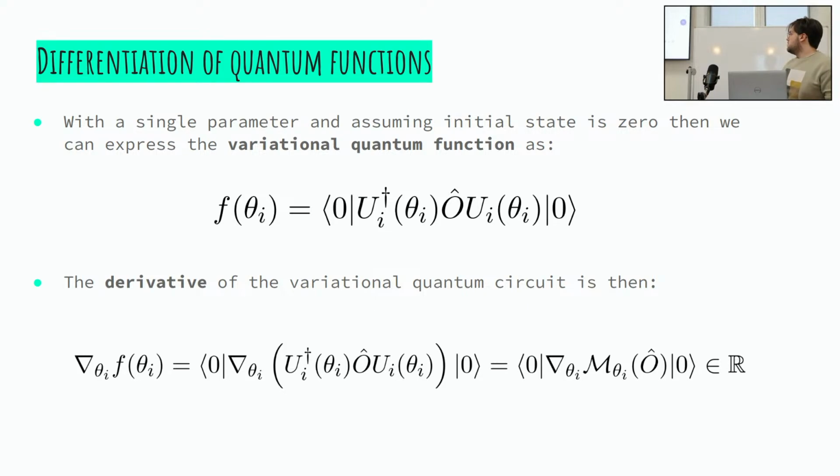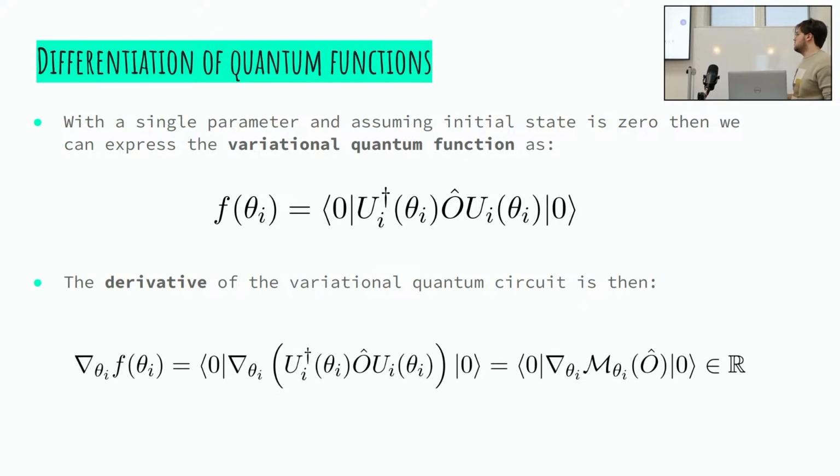So if you take the definition that we had two pages ago, we can define a variational quantum function as this expectation value of this observable O. You see that you have the unitary evolution on the right and the dagger on the left.